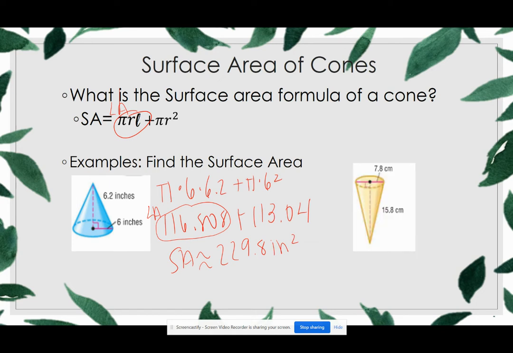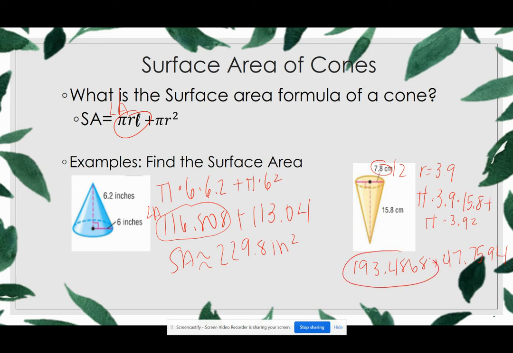Once again, the next problem is the same process, but we have to divide that diameter of 7.8 by 2. So we divide this by 2, and we get 3.9 as my radius. So we have pi times 3.9 times 15.8 plus pi times 3.9 squared. So 3.14 times 3.9 times 15.8 gives me 193.4868 plus 3.14 times 3.9 times 3.9, which is 47.7594.